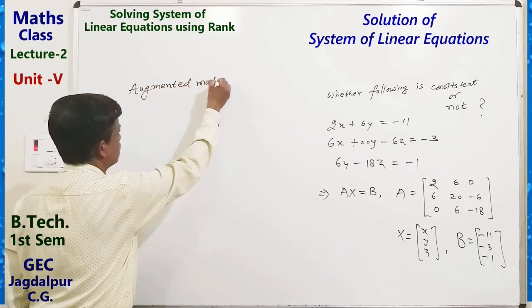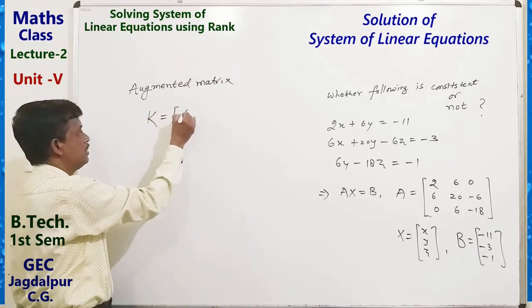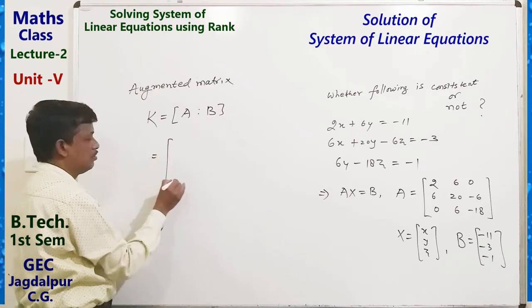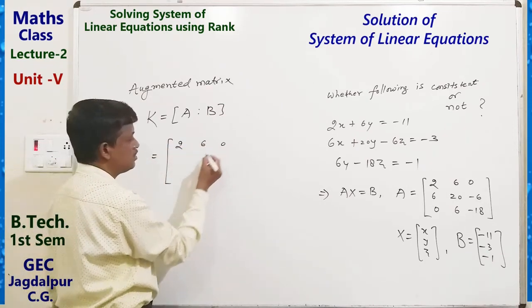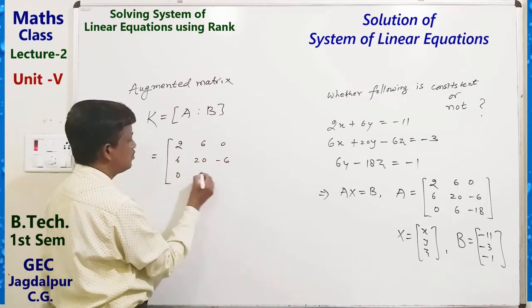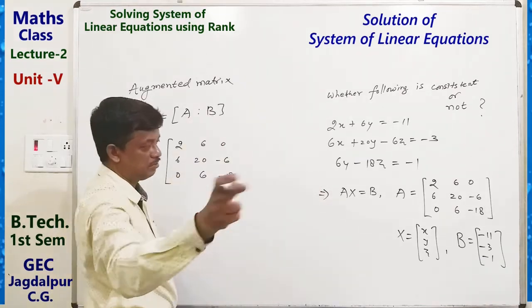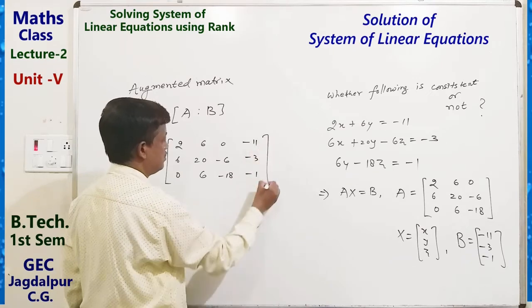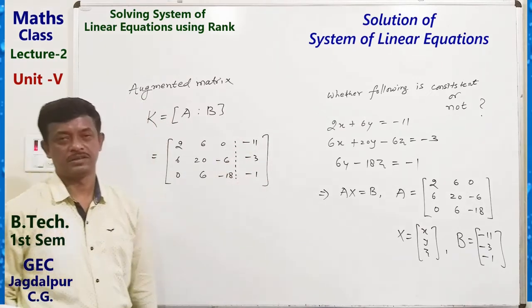K equals A with B written alongside. That means 2, 6, 0; 6, 20, minus 6; 0, 6, minus 18; and B, which is minus 11, minus 3, minus 1. Yes, just like this. This is the augmented matrix.